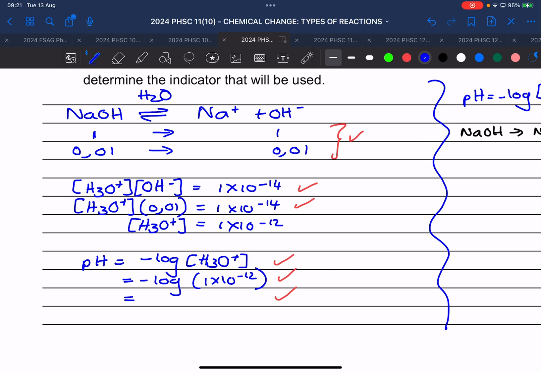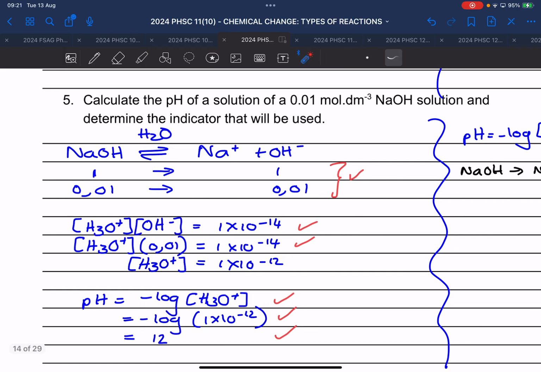What do you get, Hope? 12. Does it have a unit? Does a pH of 12 make sense? Okay, the answer is yes. My question is, why does it make sense? What are we busy with? Sodium hydroxide, is that an acid or a base?